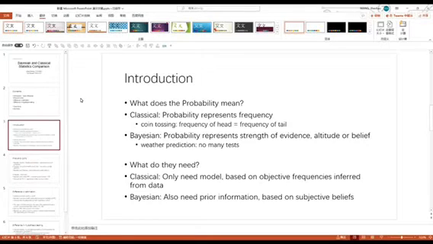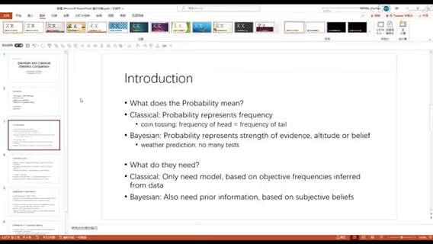If we toss a coin many times, we will observe that the frequency of heads is very close to the frequency of tails. At this time, we can say the probability of heads equals the probability of tails. So in this case, the probability means the frequency, and it's very objective.